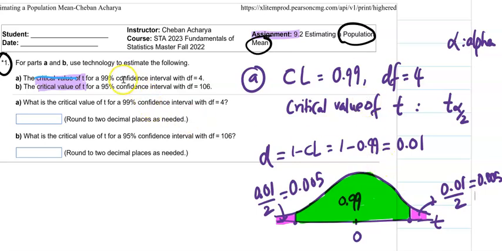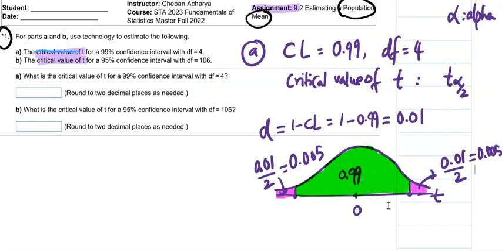This is the first step you have to do to find the critical value. Doesn't matter whether you use technology or a table, it's the same thing. First you have to find the area on each tail, which is going to be 0.005. The total area is 1, and the middle area is going to be 0.99.